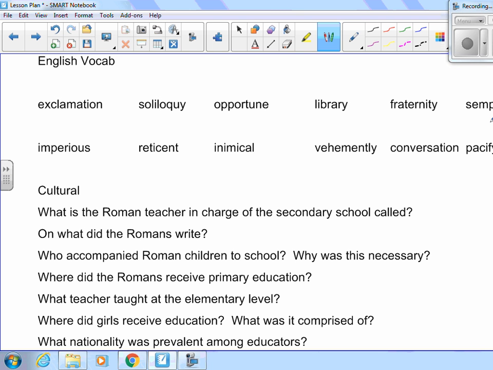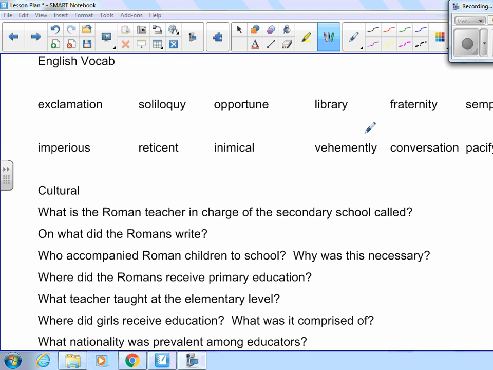Solitude is by themselves, from solus. Imperious is someone who is arrogant, like an emperor. Reticent is someone who keeps to themselves, they're quiet, don't reveal their feelings. Inimical is... can't say this right. Inimical. Thank you.